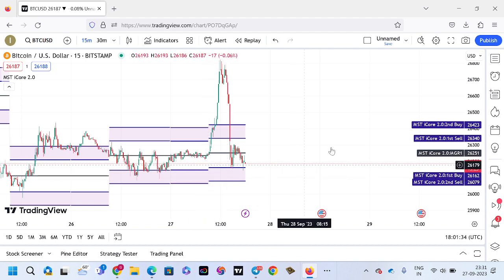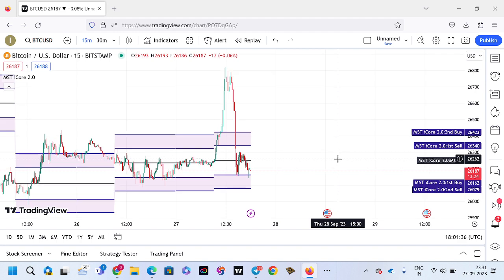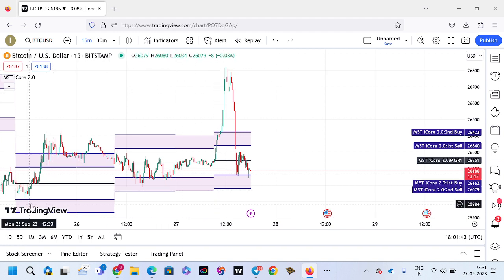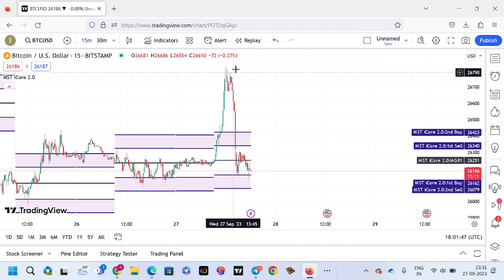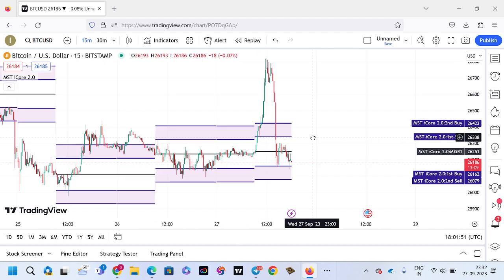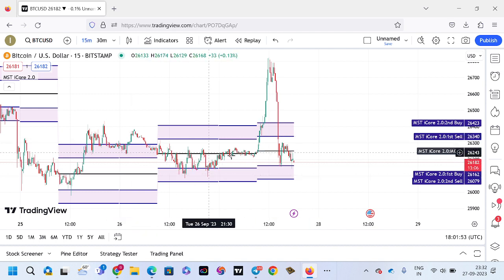So there is no halt, there are no changes here like the Indian market. So it keeps on running. So from here to here we got the profit. From here to here, how much profit? 26,000 to 26,800. So 800 points profit you have got from buy and into targets level. So hope it is clear.